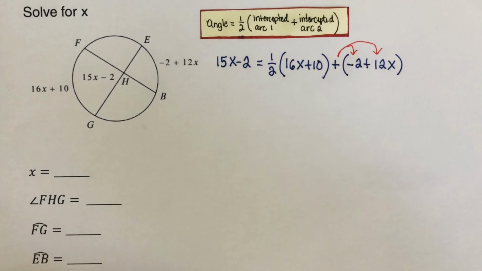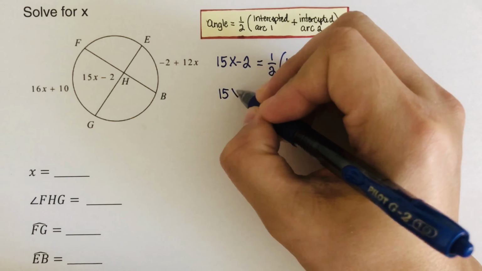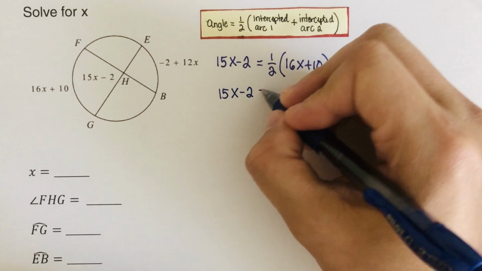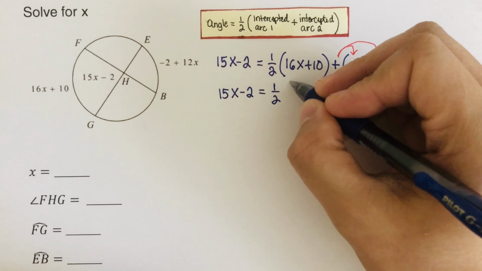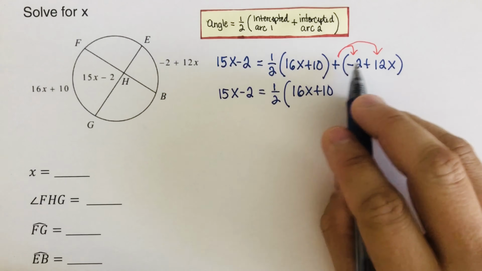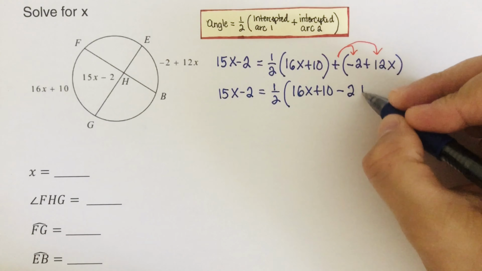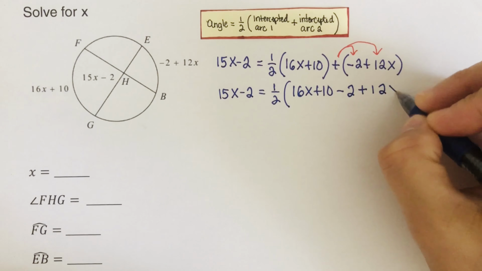And this would come out the same thing. So it's going to be 15x minus 2 is equal to 1/2 of 16x plus 10. Negative and positive would be a negative 2. And then positive and positive is a positive 12x.